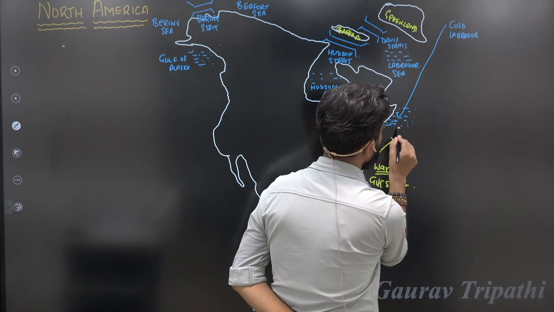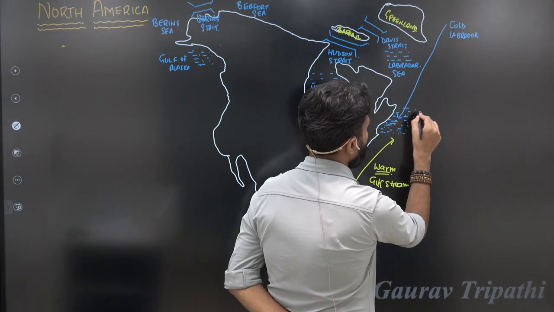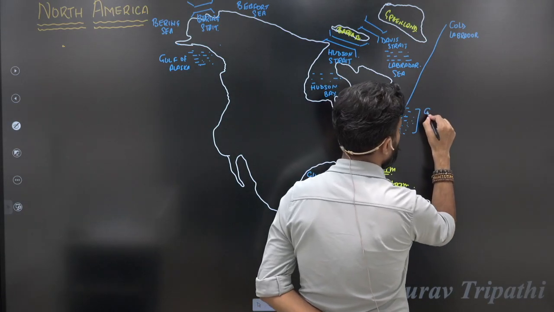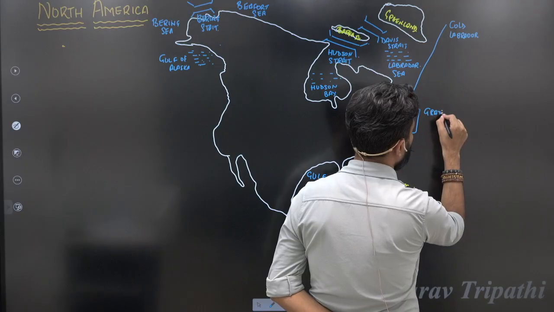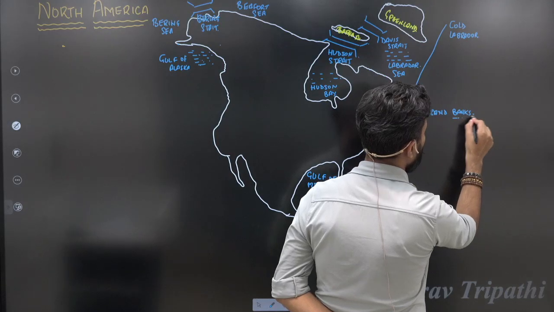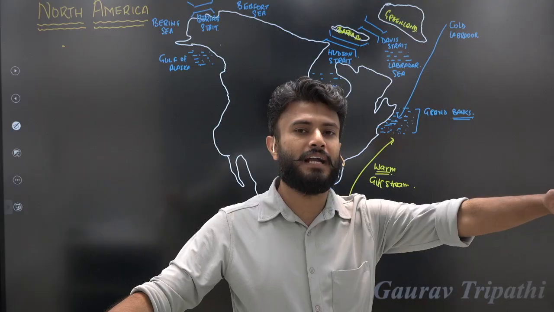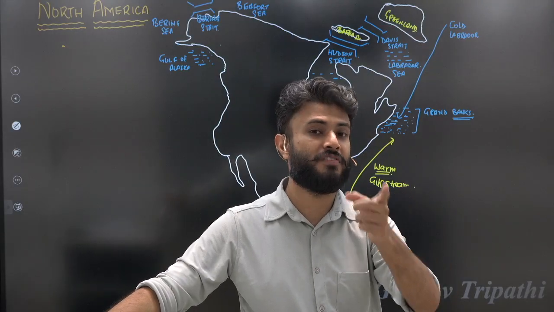Now this location is very important. If you can see on your map, this is the location where you have areas like Grand Banks. What do we mean by banks? Banks are extensive land areas which have shallow waters.